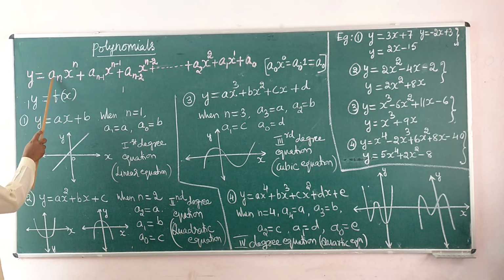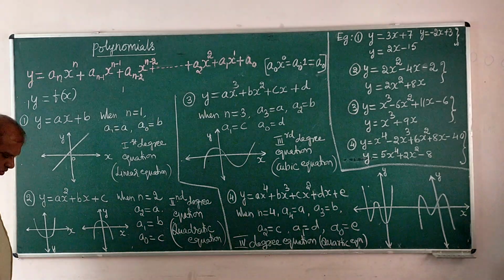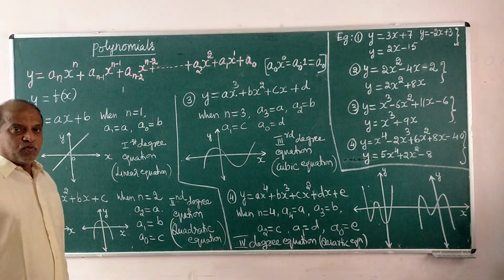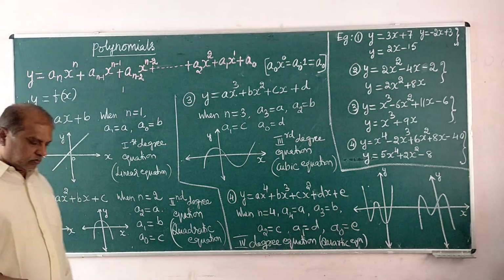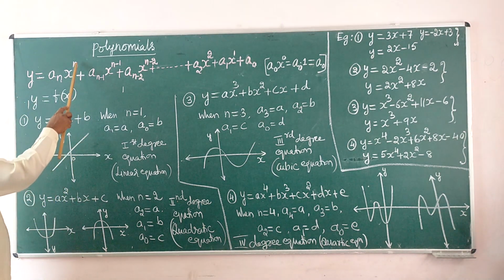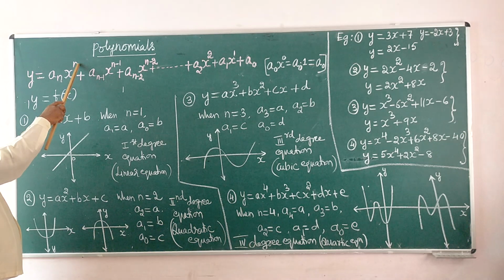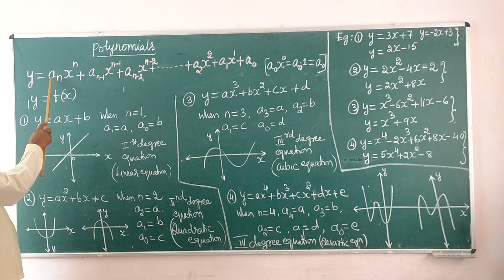What is a_n? a_n is the coefficient of x. It is called the coefficient of this variable. What kind of numerical value is that? It is a real number. A positive integer is always a real number.